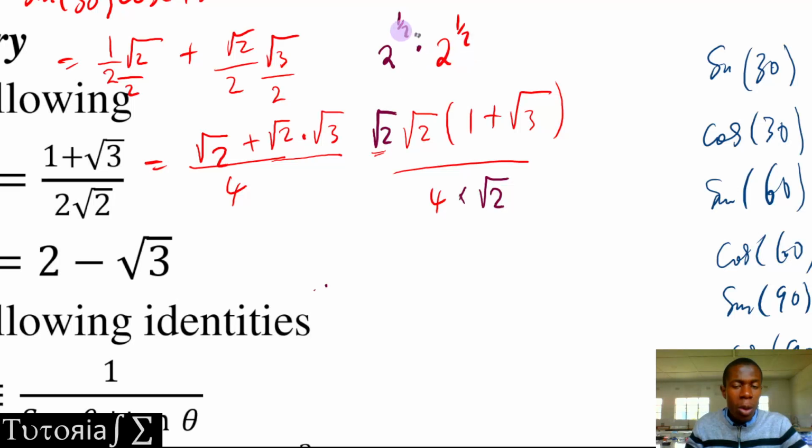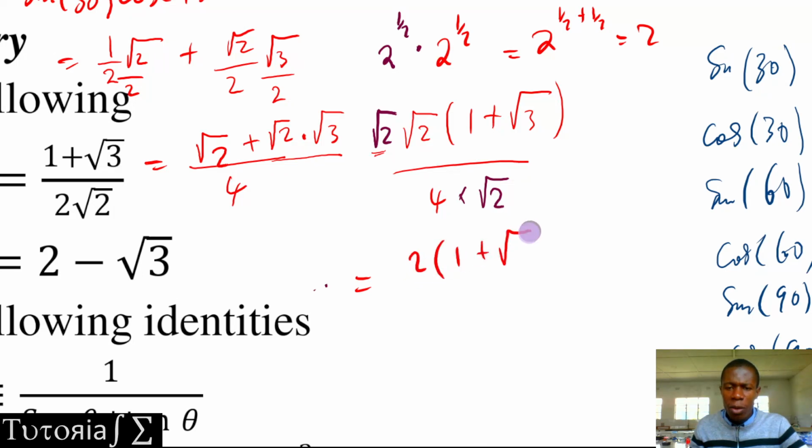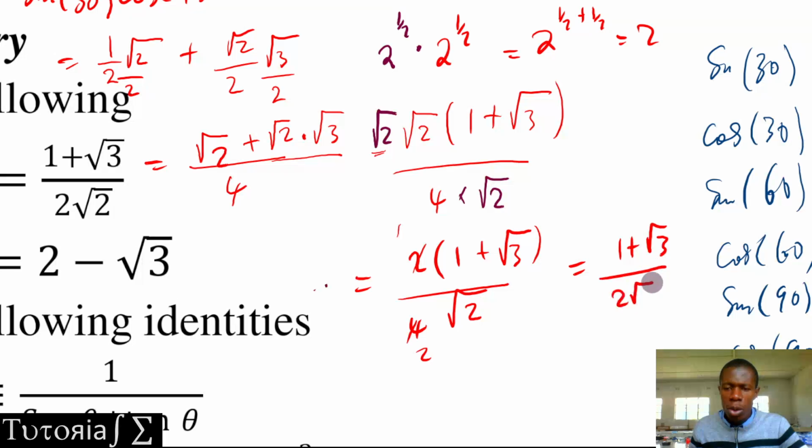We add the powers, half plus half, which is just 2. So 2 there, 1 plus root of 3 divided by 4 root of 2. So 2 there, 2 there. This gives us our answer, 1 plus root of 3 over 2 root of 2, which is what is required.